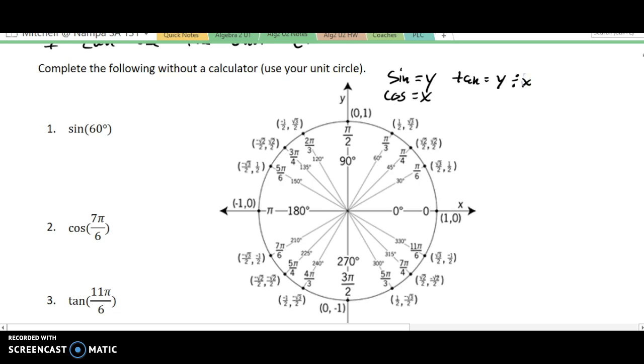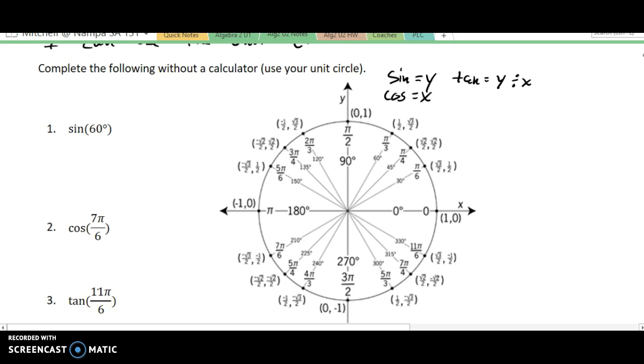And so when we look at all of this, we can see all these values. Like here we have 30 degrees, or pi over 6, and we have two values. This value is the x, which means it's a cosine answer. This value is the y, which means it is a sine answer. And then we're going to use this to solve all of these very quickly.